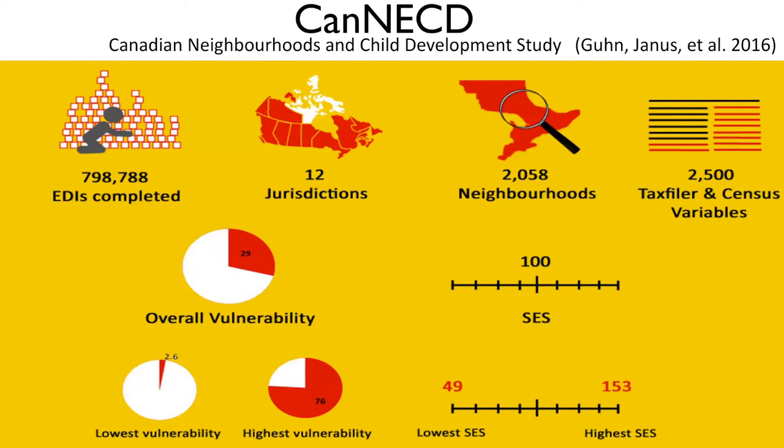Similarly, for the socioeconomic status index that we developed using 10 variables, 4 from census and 6 from the tax filer data, which we centered in the census data that we had available for 2006, when we reapplied this to the next round of data, it varied from 49 to 153. So again, there's quite a bit of variation in what happens to children in our neighborhoods.